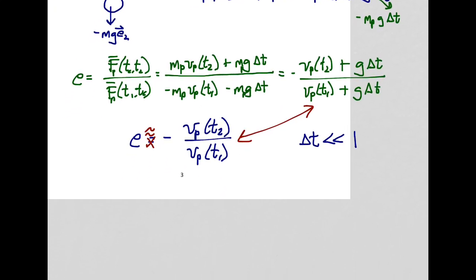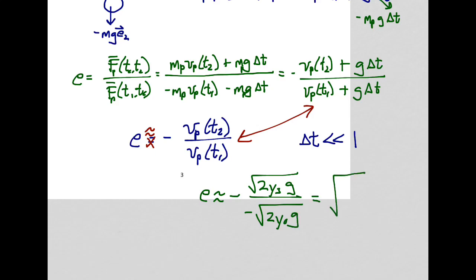And then when we substitute the speeds that we solved for into this expression, we get a negative, and in the numerator it's the square root of 2, the height at 3, multiplied times g, and then divide this by the negative square root of 2, the height at time 0, times g, and so then we get the expression the square root of y3 divided by y0.